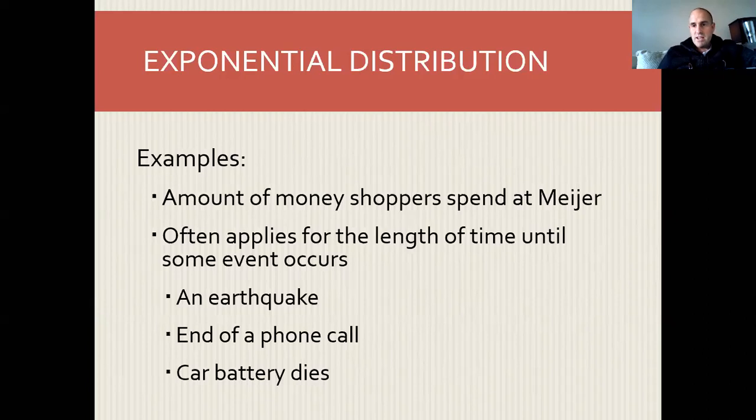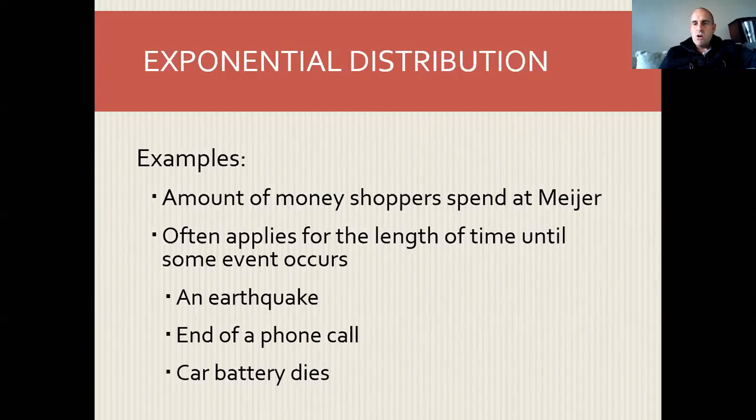That was called the geometric distribution. A similar thing is happening with the exponential, but we have a Poisson process where we're observing over an interval of time, and we expect to see lambda observations in that period of time.